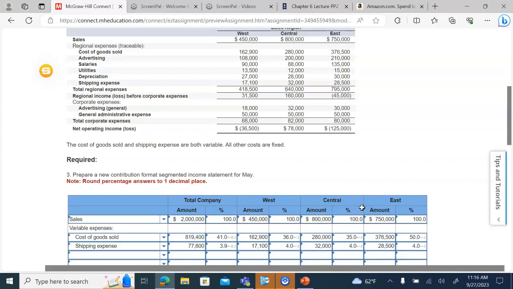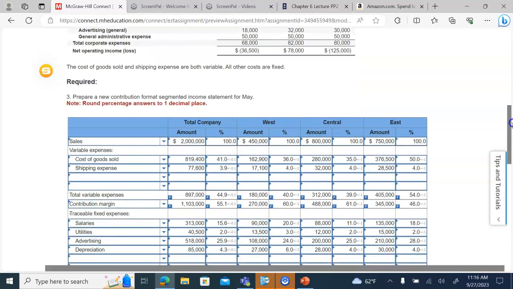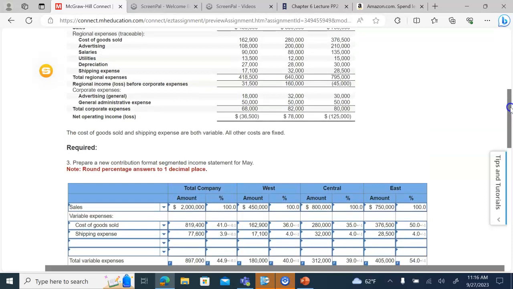The cost of goods sold are separated by each department, and the shipping expenses, they said, are variable. So the shipping, the 17.1, the 32,000, and the 28.5 are also going to be a variable expense before the contribution margin here. Okay? Then each department has to take their fixed expenses.